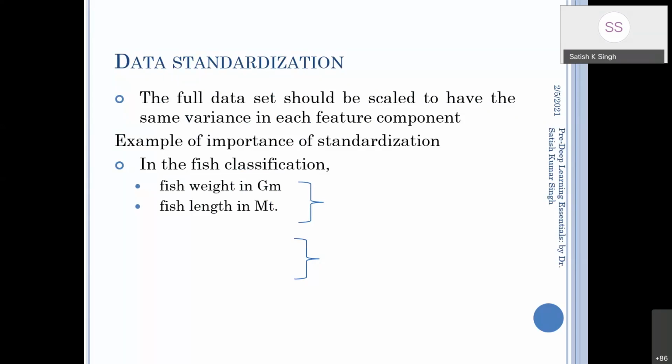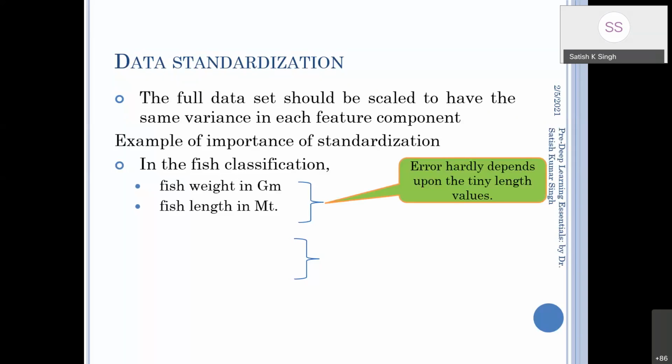It means in this feature vector where weight and length are being considered, the weight is dominant because the numerical value of the weight is more compared to the numerical value of the length. So length will not have any role in classification. Error hardly depends upon the tiny length values.